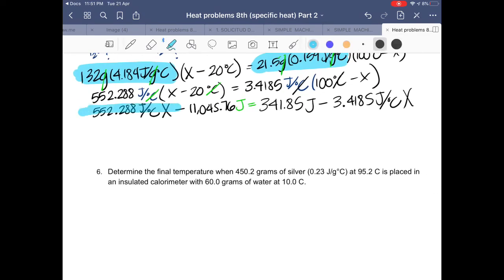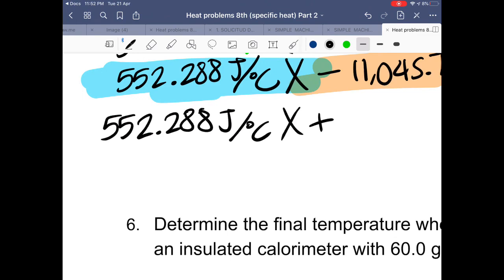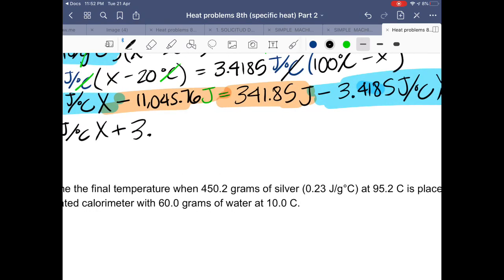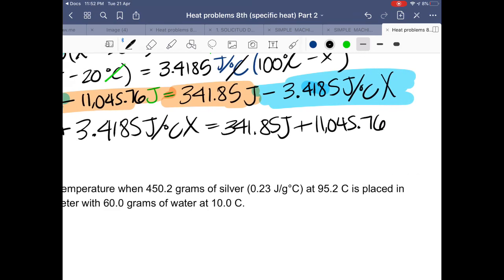Now you color everything that has the same type of variable, and you put the same color in the same side. So in here you have 552.288 joules over degrees Celsius x plus 3.4185 joules over degrees Celsius x equals 341.85 joules plus 11,045.76 joules.